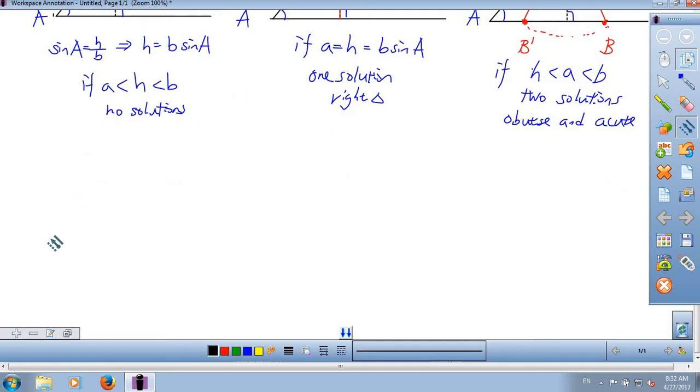So let me draw that again. Let's say we have angle A here, side B here, and you have H, the height of the triangle.